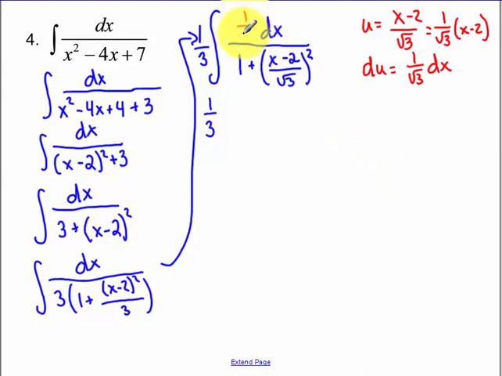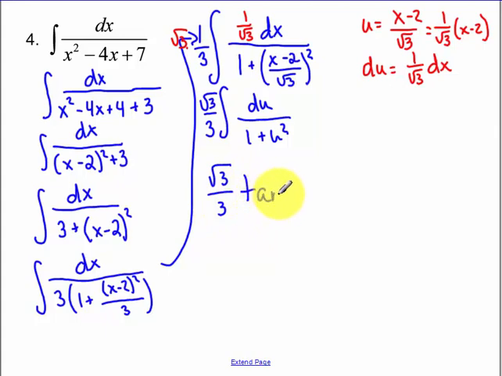So I need a 1 over root 3 multiplied by that root 3 there. So that means I have to adjust things. Root 3 integral. Your numerator is your du. 1 plus u squared.